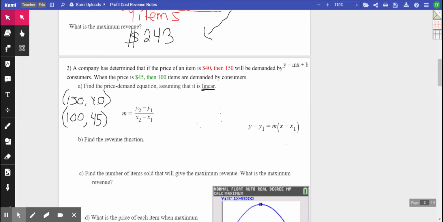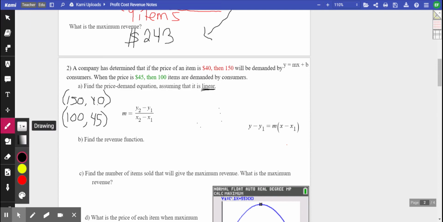So m equals y2 minus y1 over x2 minus x1. I solve, and I'm going to get 5 over negative 50, which is going to give me negative 1 over 10 when I simplify it.